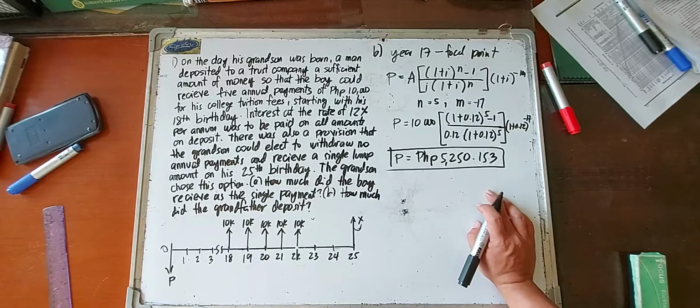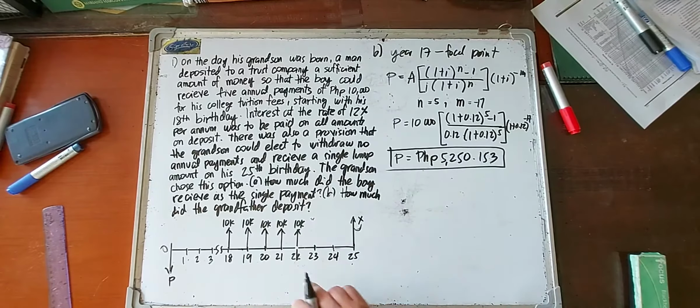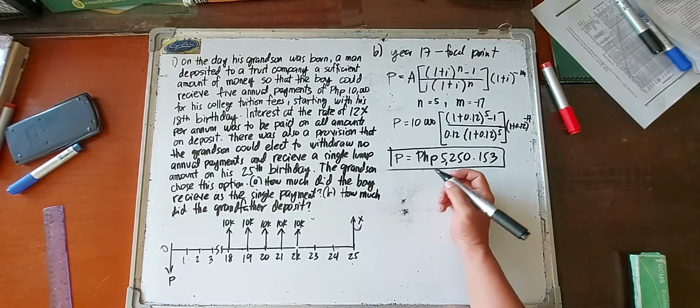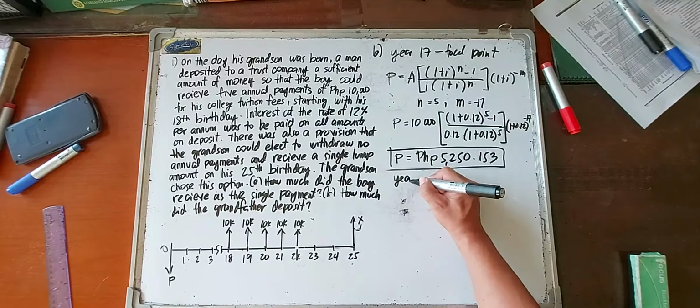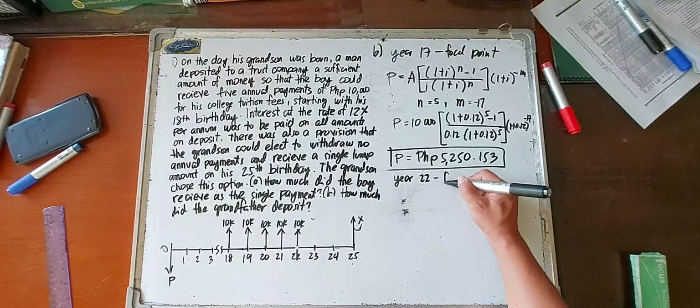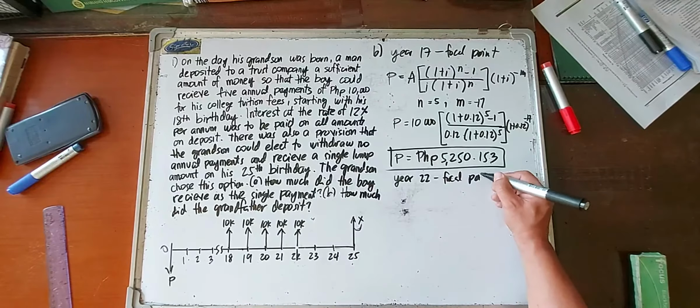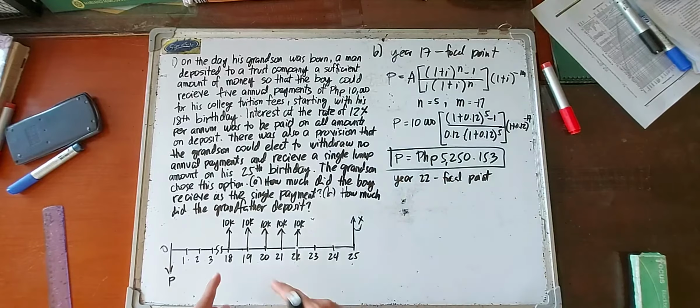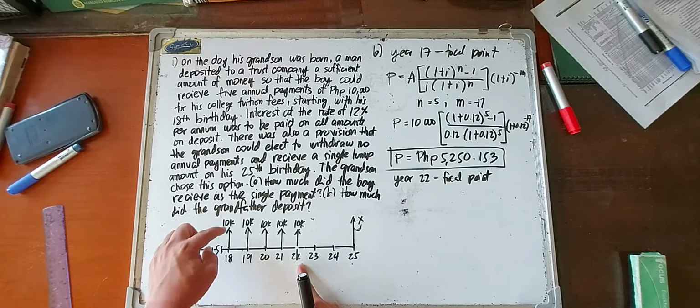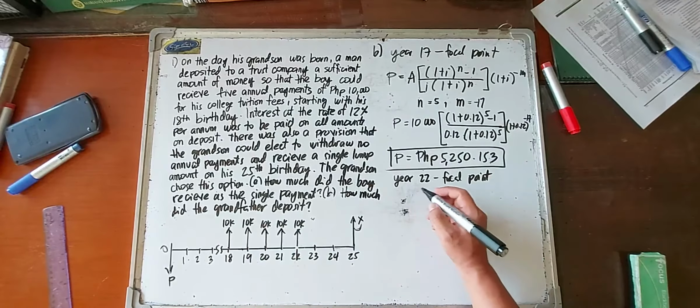Let's try to solve it using a different focal point. So kanina year 17, maybe we can choose yung ginamit natin kanina na focal point sa letter A, the 22nd year. So year 22 as our focal point. Okay, so in this case right, that means we're solving for the future worth of these periodic payments.